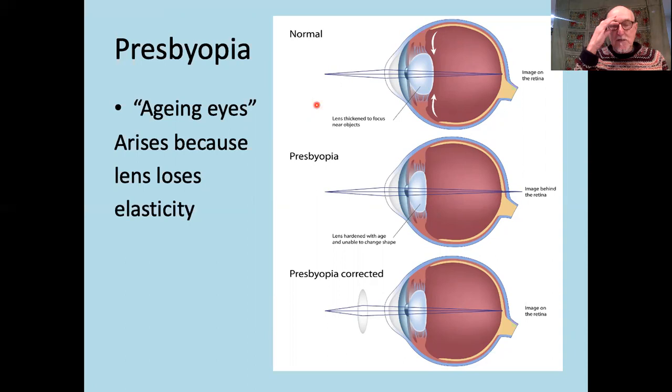This is the easiest of all of the disorders to correct, because the lens that you place in front does not have to be one of the complex lenses that an optometrist will devise for you if you have myopia or farsightedness, hyperopia, but you can use a simple magnifying glass, and that is all that reading glasses are. Reading glasses are magnifying glasses, and they work perfectly well to bring the image to the retina itself.